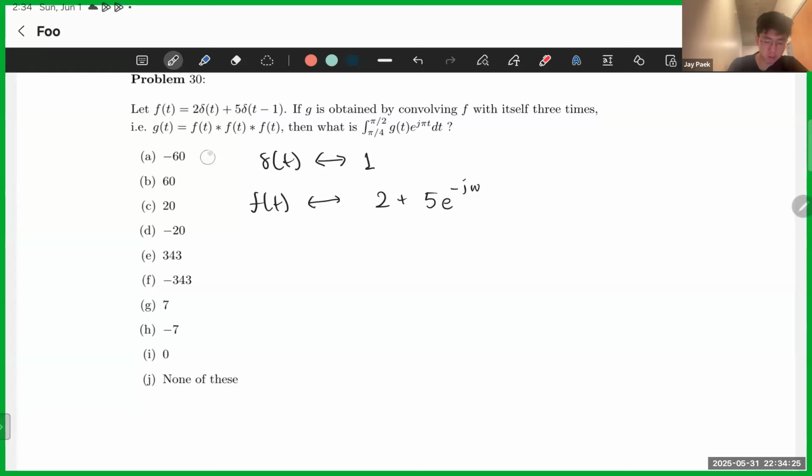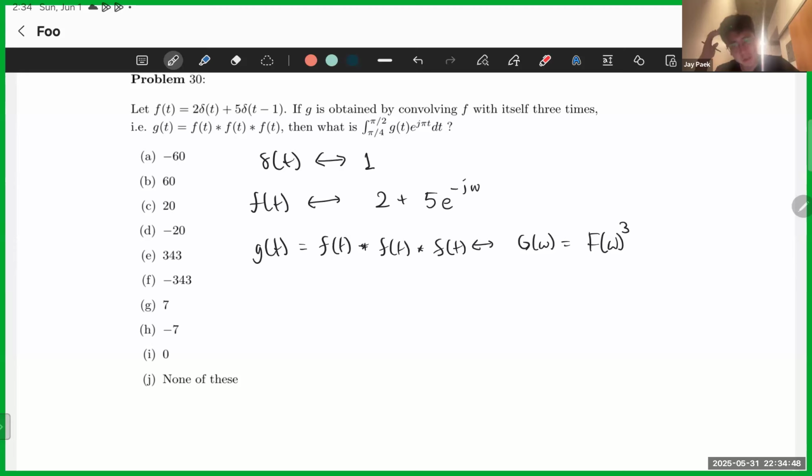And now if I convolve this 3 times, then we know that G of omega is just F of omega cubed.